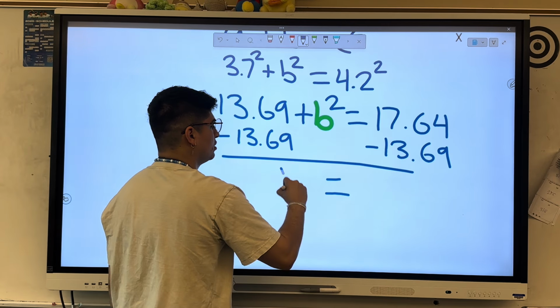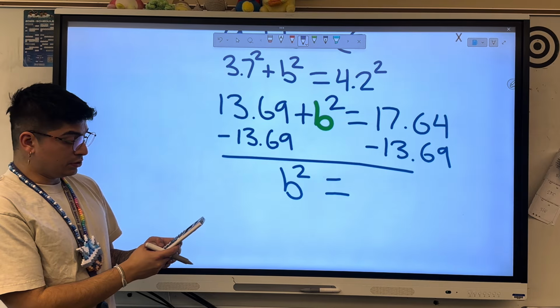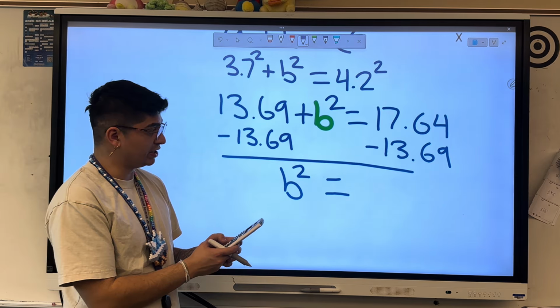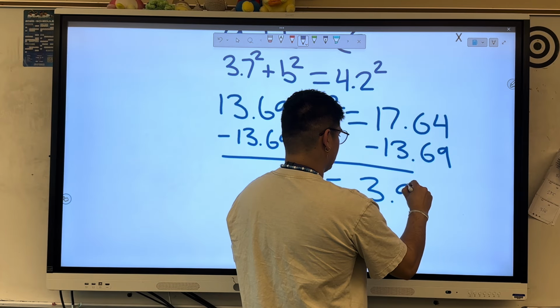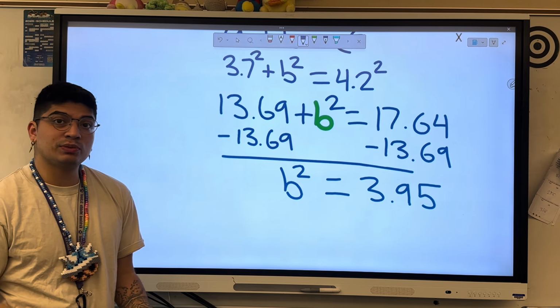And I now have b squared is the only thing left over, is equal to 17.64 minus 13.69. And that would give me 3.95. And again, I know it's decimals, but it's still the same idea.